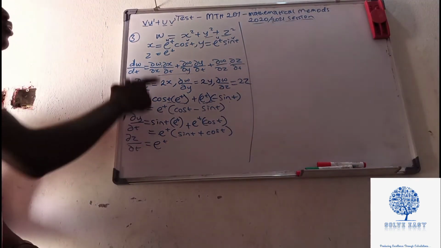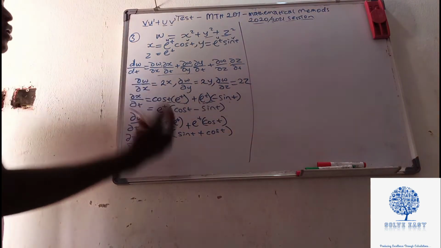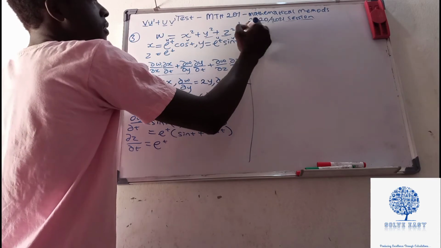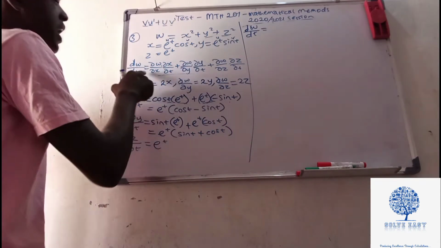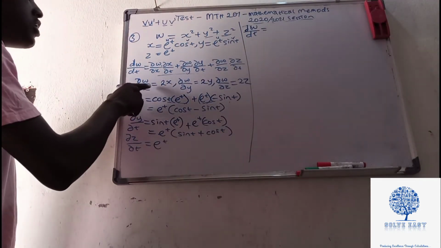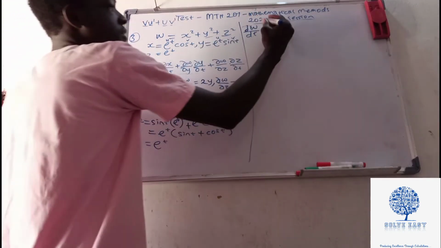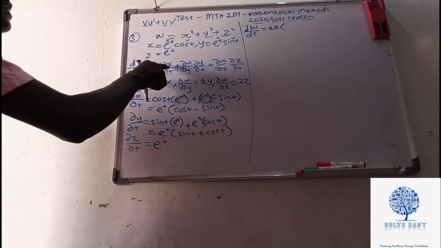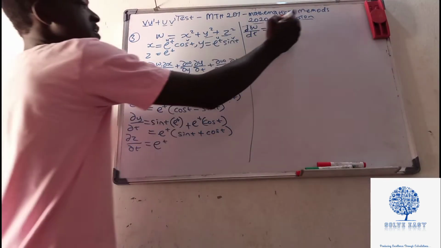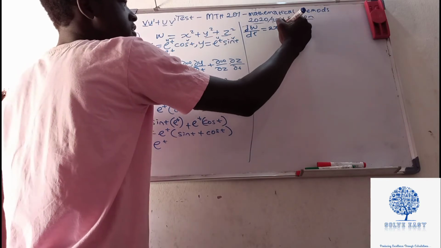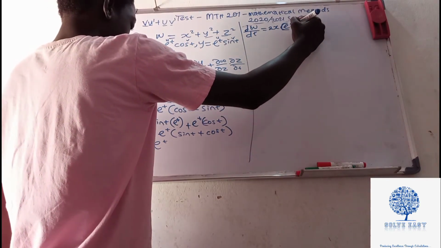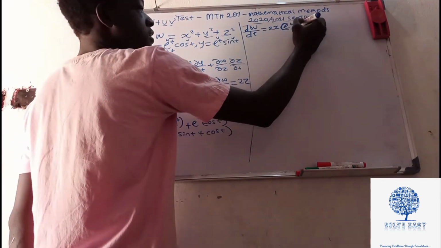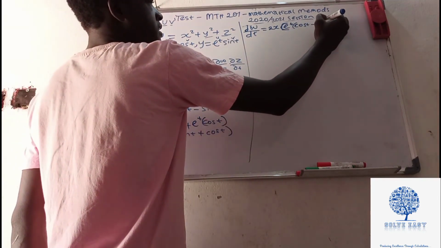Now we'll take this and put it into our expanded chain rule, which says dw/dt is equal to dw/dx, which gives us 2x, times dx/dt, and our dx/dt is e^t (cos t minus sin t).